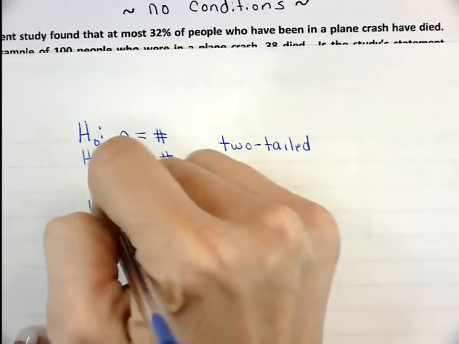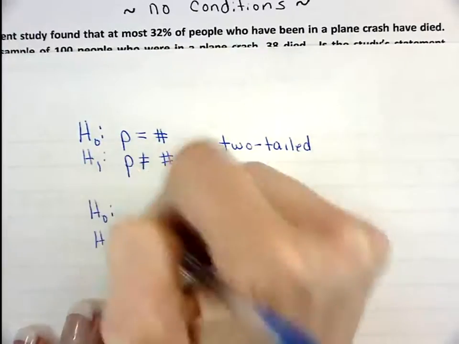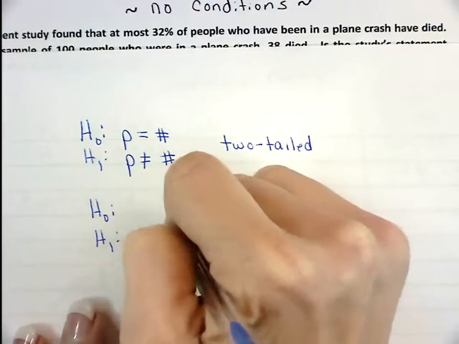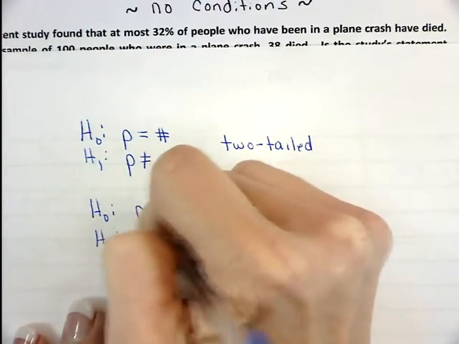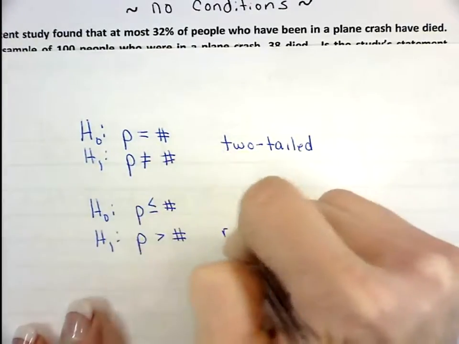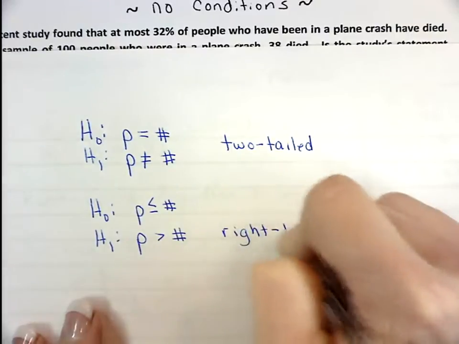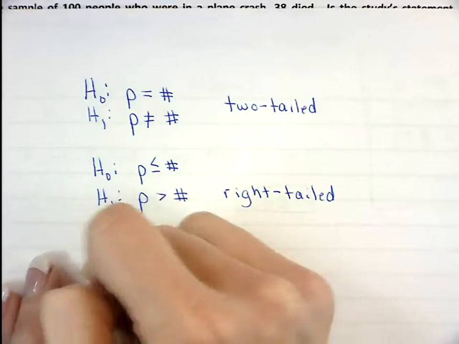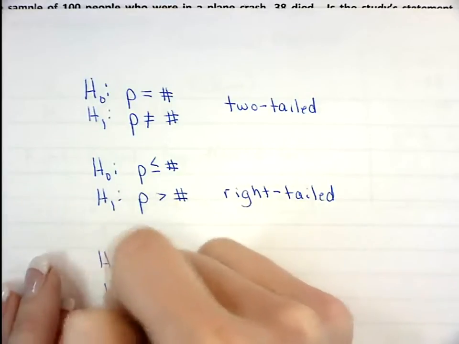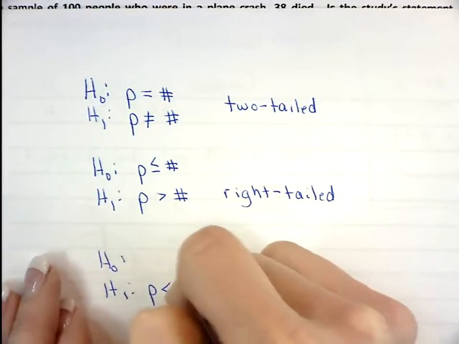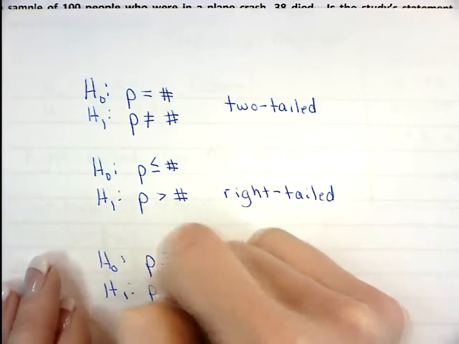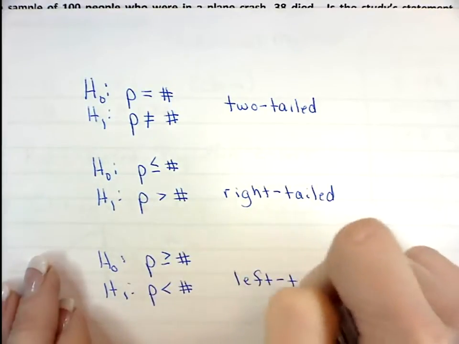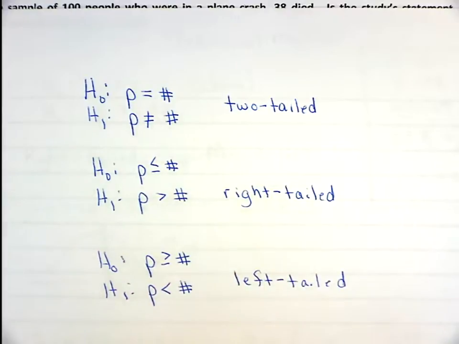For the right-tailed proportion z-test, the alternative is P strictly greater than a number, but the null is less than or equal to a number. And this would be called a right-tailed proportion z-test for true population proportion. And then finally, the left tail, the alternative is P less than some number, but the null is greater than or equal to some number. And this one would be a left-tailed proportion z-test for true population proportion.